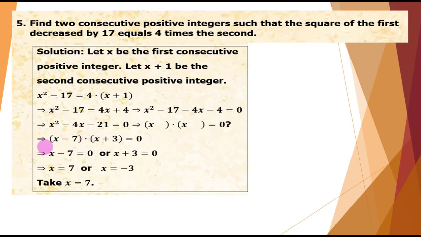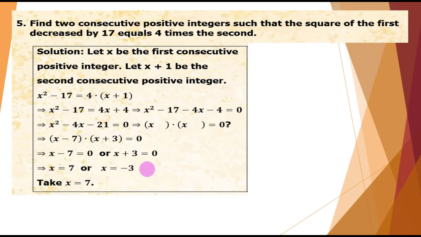Let's check first. Let's multiply these two factors: x squared, then 3x minus 7x will give us negative 4x, then negative 7 times 3, we have negative 21. It's correct. So, following these steps, we ended up with x equals 7 or x equals negative 3.